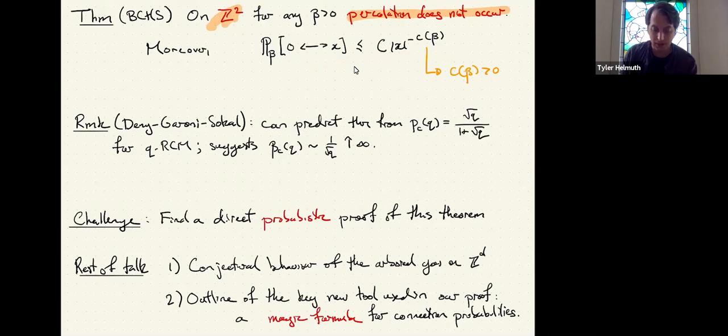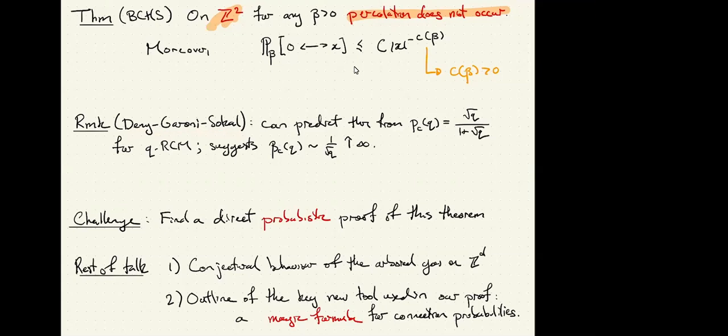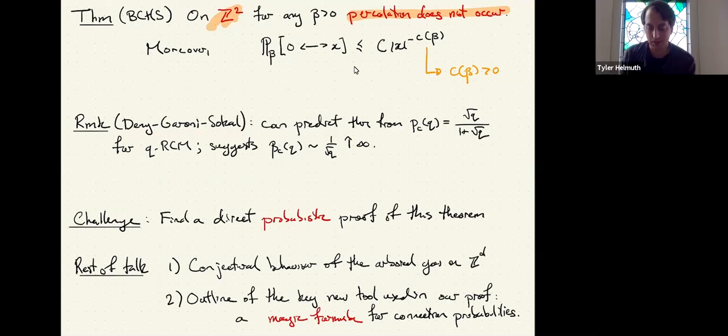So for those who are random cluster model aficionados, let me make a little comment here, which is really taken from a paper of Deng, Garoni, and Sokal, which is that you could predict the fact that there's no transition on Z2 using exact, if not exactly proven, formulas for the random cluster model.